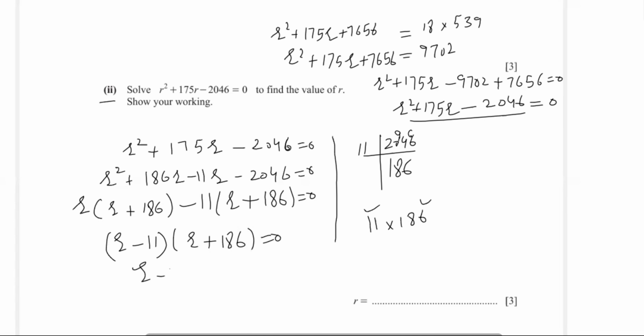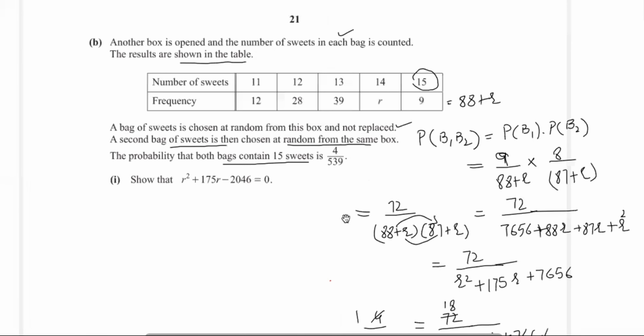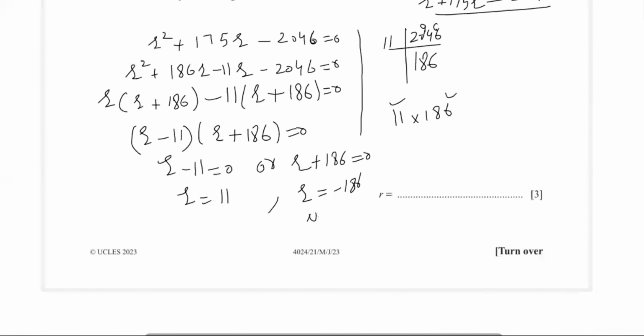We write 11 minus R equal to 0, or R plus 186 equal to 0. Therefore, R will be equal to 11 and R will be equal to minus 186. Now you see here the value of R cannot be negative, therefore this is not possible. Therefore the answer will be equal to 11, and this is the answer.